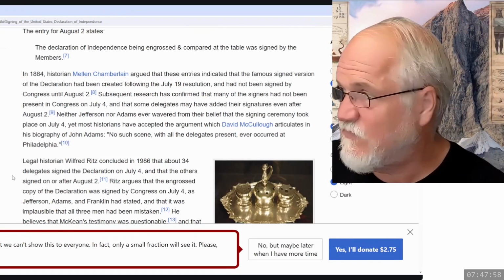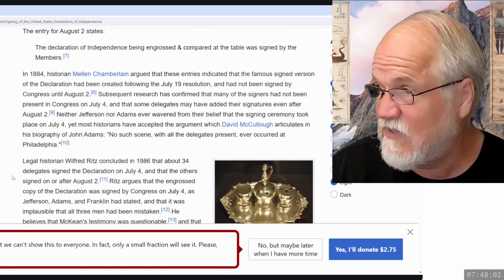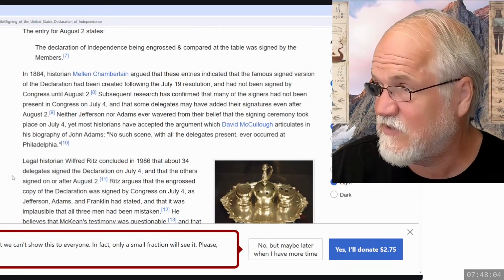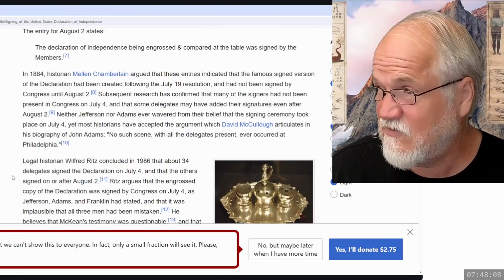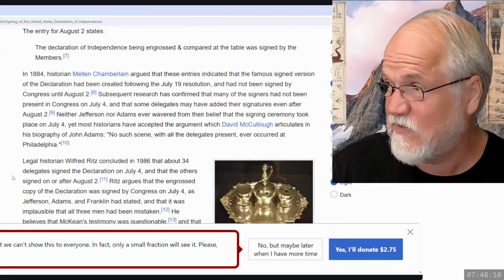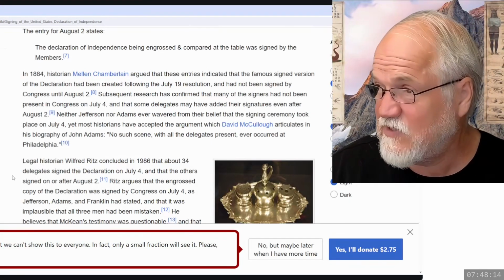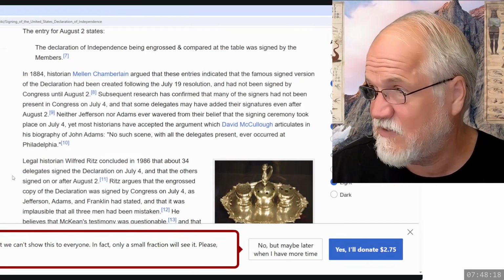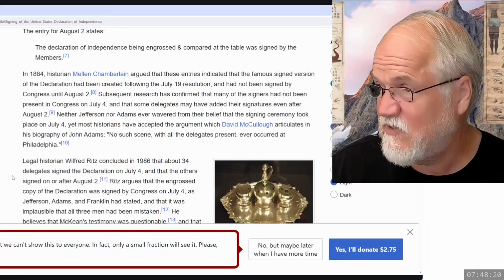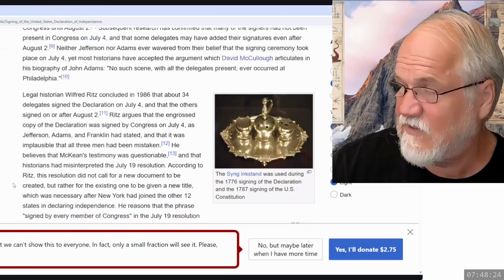Subsequent research has confirmed that many of the signers had not been present in Congress on July 4th, and that some delegates may have added their signatures even after August 2nd. Neither Jefferson nor Adams ever wavered from their belief that the signing ceremony took place on July 4th, yet most historians have accepted the argument which David McCullough articulates in his biography of John Adams: "No such scene with all the delegates present ever occurred at Philadelphia."